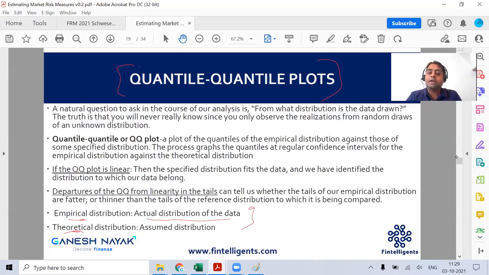What is empirical distribution data? It is the actual data points. What is theoretical? That is something we assumed. So we will first plot the theoretical distribution, that means the assumed distribution, and then we will map our distribution on it to see if it exactly matches or not.